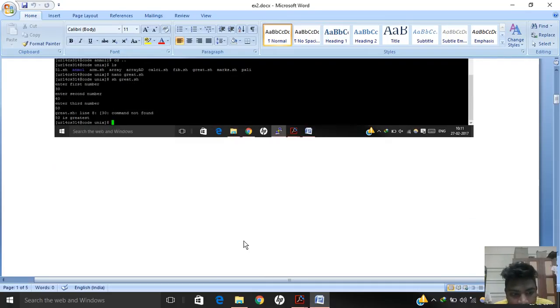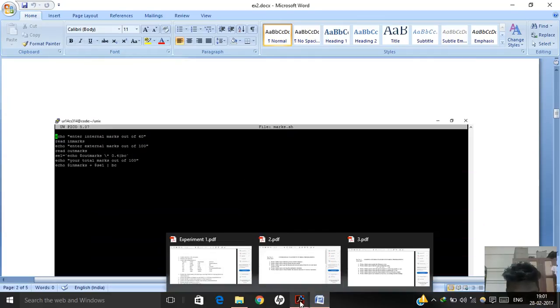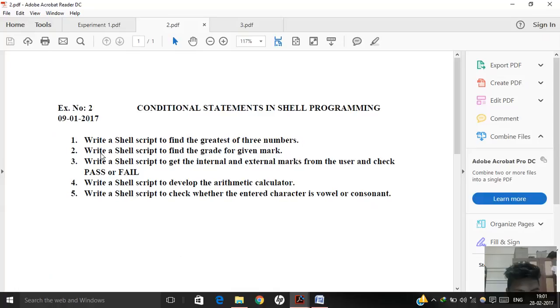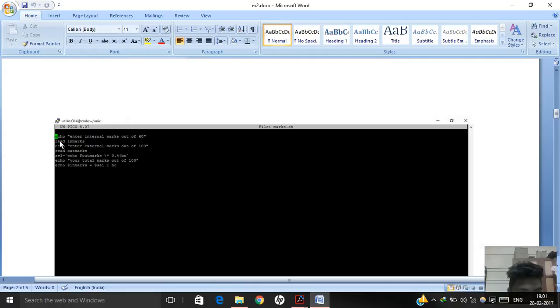Now we can go for the second one, which is about write a shell script to find the grade for the given marks. So as you can see, I have used echo for printing, enter internal marks out of 60, and read for inputting inmark and outmark. Then I have taken sel equals to echo.